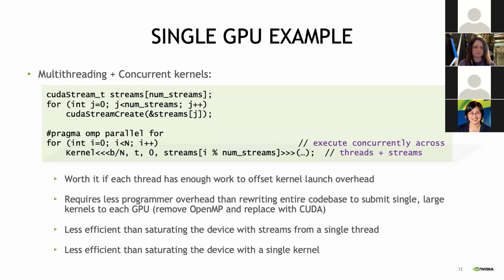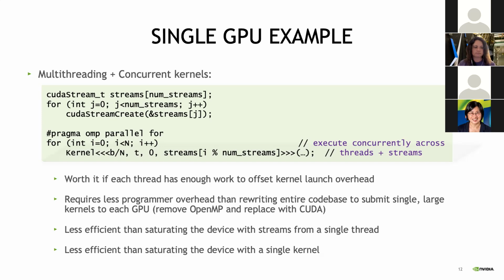In this particular example, num streams is how many streams we have, and all we're saying is for our OpenMP parallel for loop, we're doing i modulo the number of streams to assign each work item to a different stream. And like I said, this is worth it if every thread has enough work to offset kernel launch overhead.